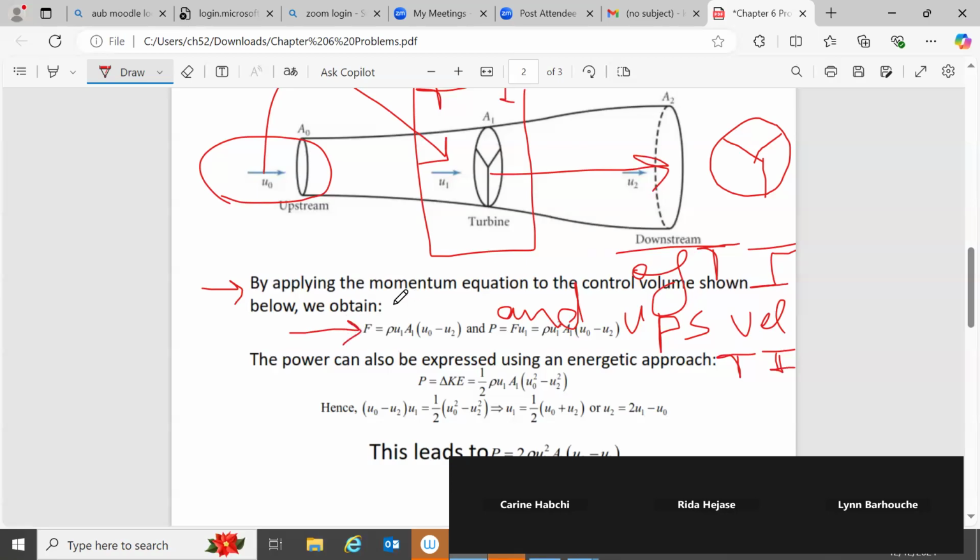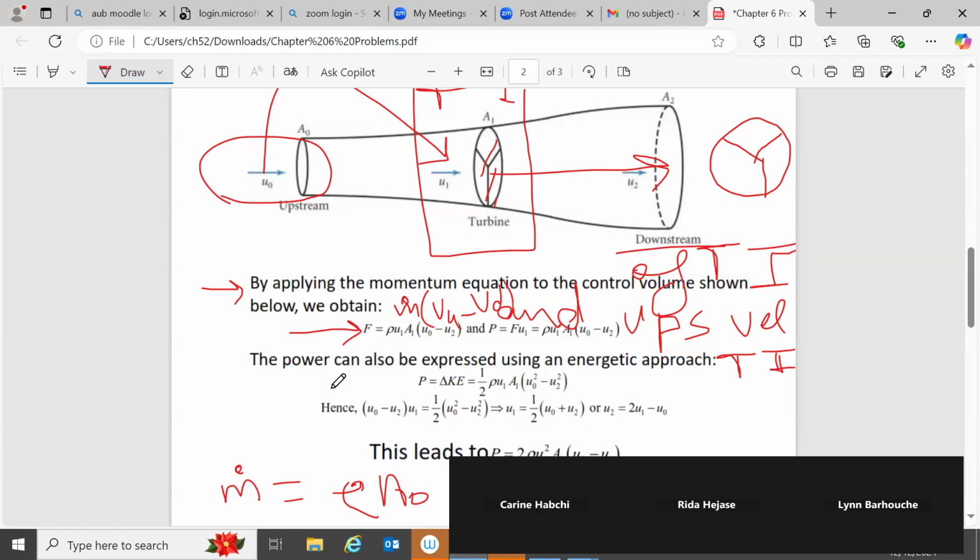This force is simply equal to m dot times V upstream minus V downstream. And the mass flow rate m dot can be calculated at several sections. It can be written as rho A0 U0, or if we consider the cross section of the turbine, it is equal to rho A1 U1.